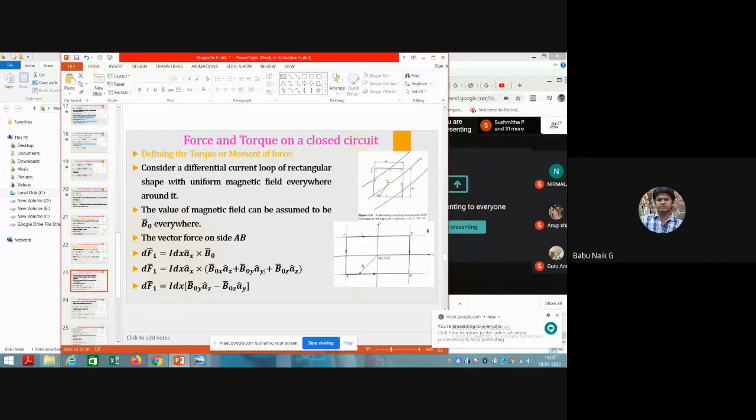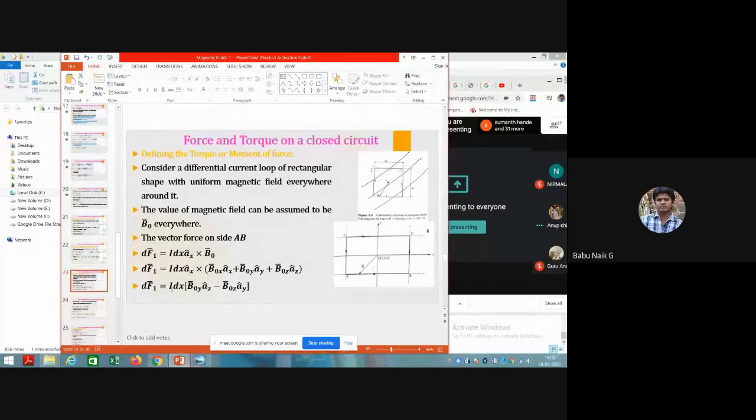Then A cap x cross A cap z: actually, A cap z cross A cap x is A cap y, but here it is A cap x cross A cap z, which is the opposite. So we'll get minus A cap y after taking the cross product here.